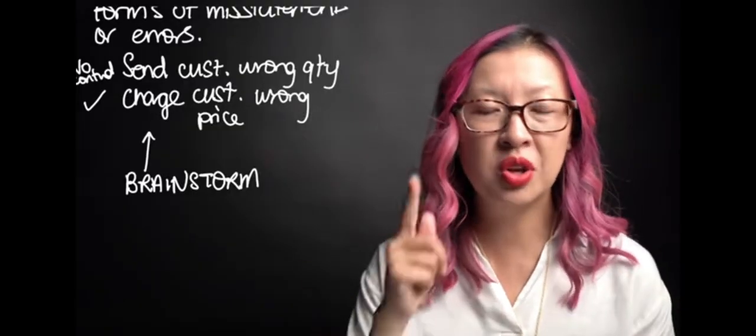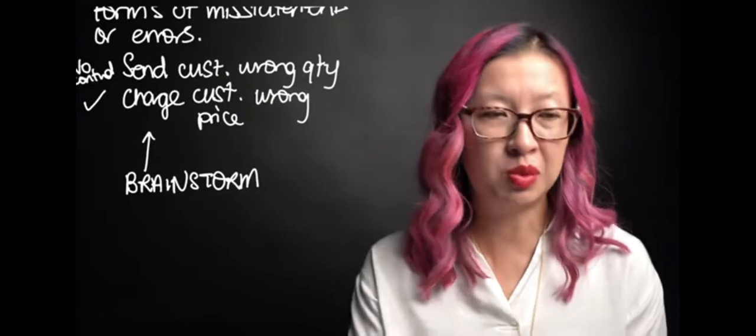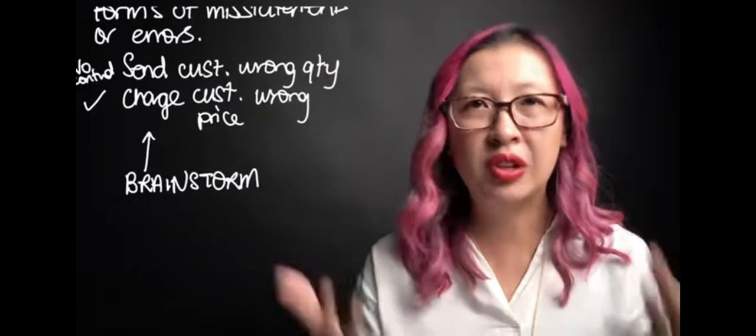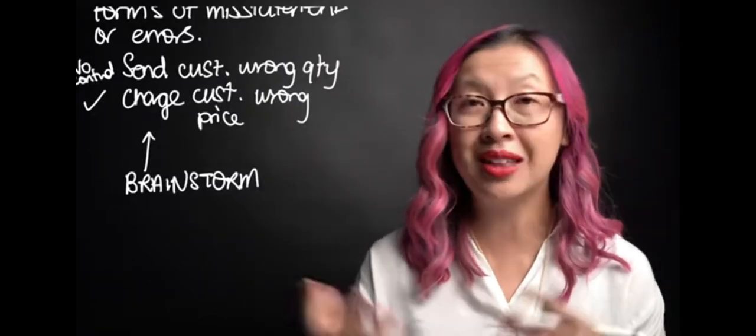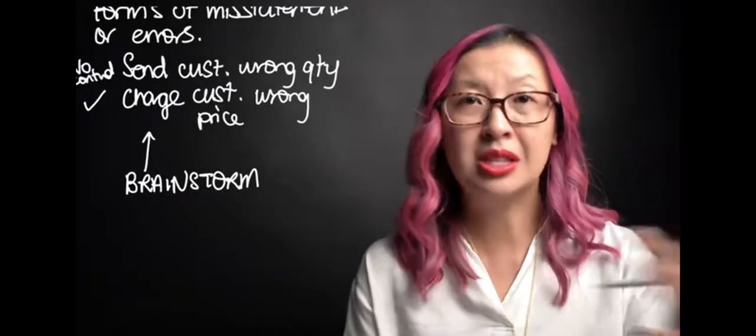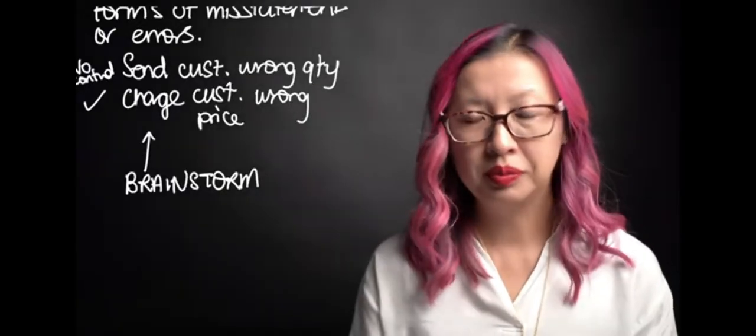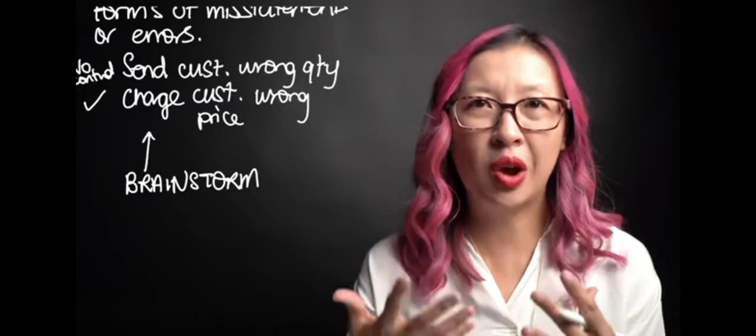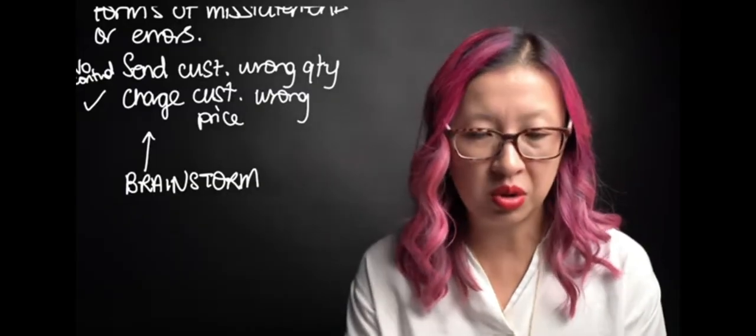However, it relies on the quality of your and your team's brainstorming to think about everything potentially that could go wrong. Now, that's fine if you've got experienced people, you're working as a team. This can be a really great approach. But again, it only depends on the quality of your brainstorming.